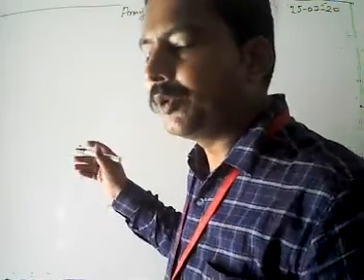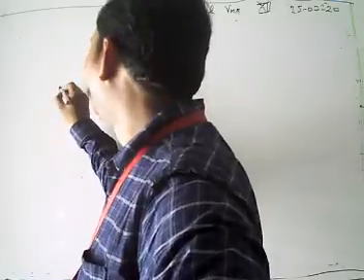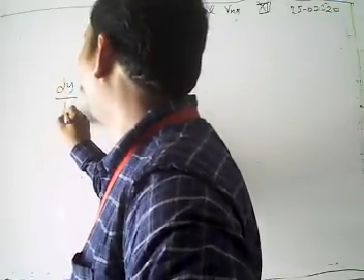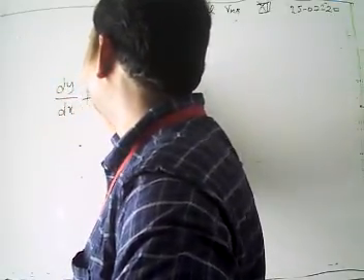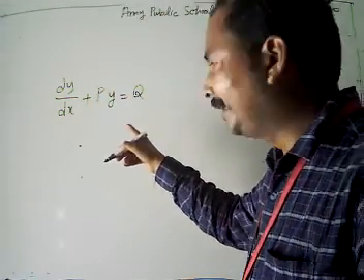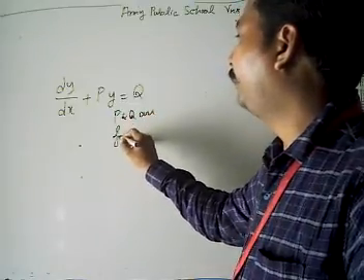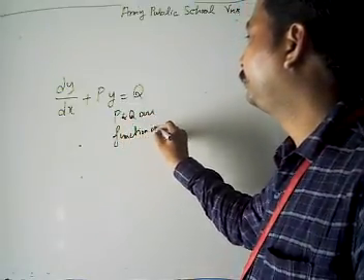First of all, we have to change our given differential equation into a standard form, in the form dy/dx plus Py is equal to Q, where y is dependent, x is independent, and P and Q are functions of x.